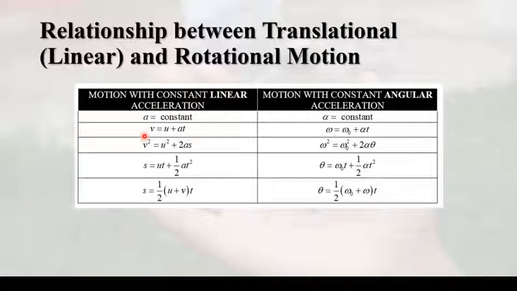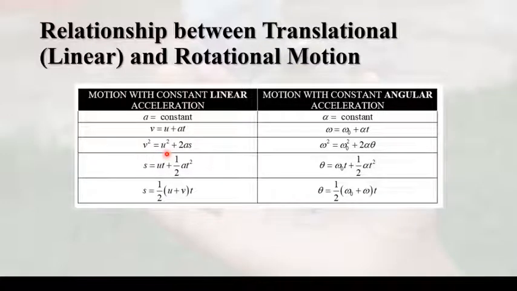Displacement, we are going to replace with the angular displacement symbol theta. So as you can see here, v equals u plus at becomes omega equals omega naught plus alpha t. You can keep t, because time won't change regardless of whether the object is moving in linear or rotational motion.